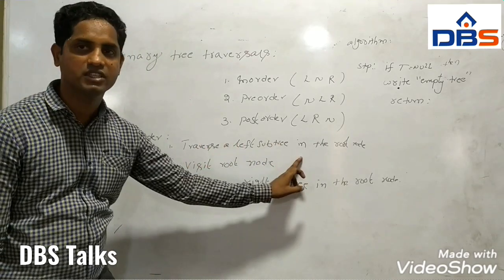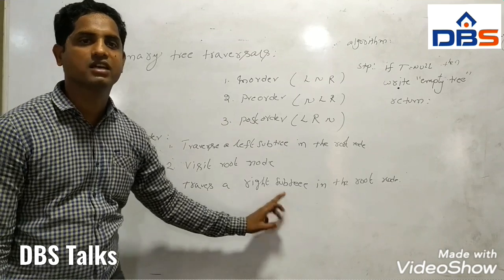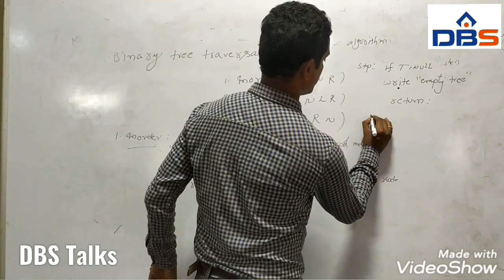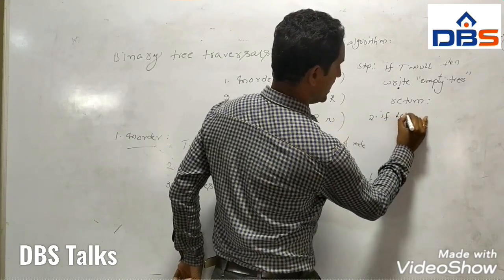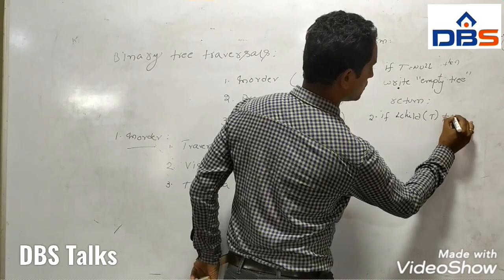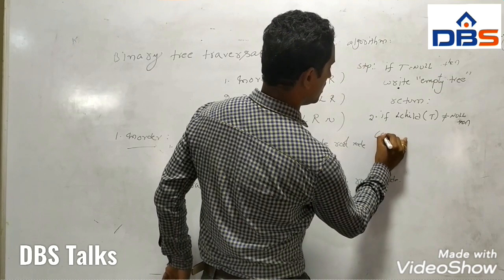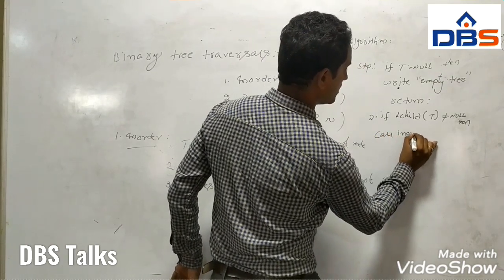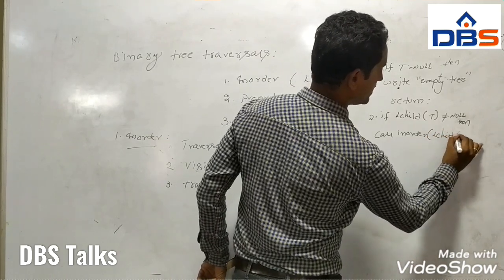First traverse the left subtree, visit the root node, and traverse the right subtree. Then second step, if L child of t is not equal to null, then call inorder of L child of t.